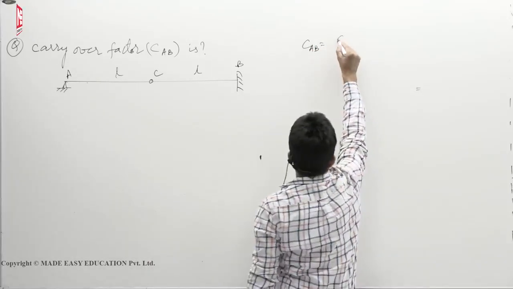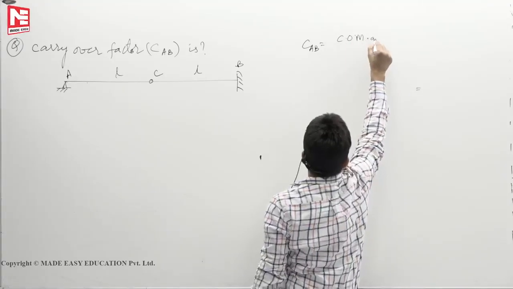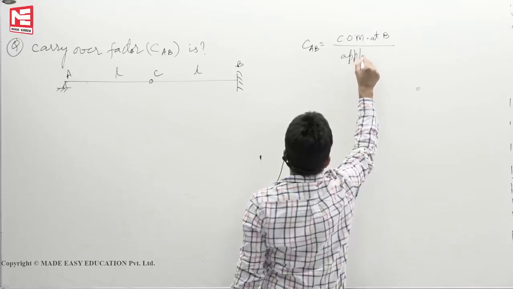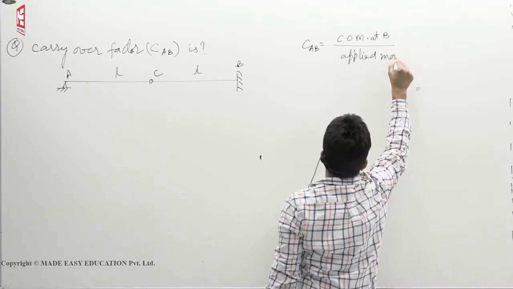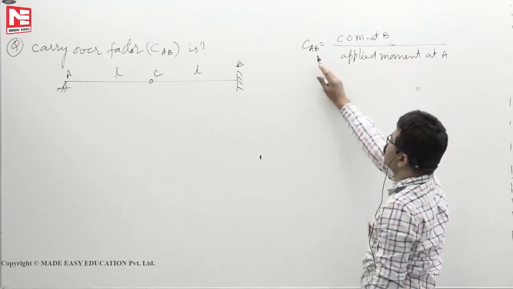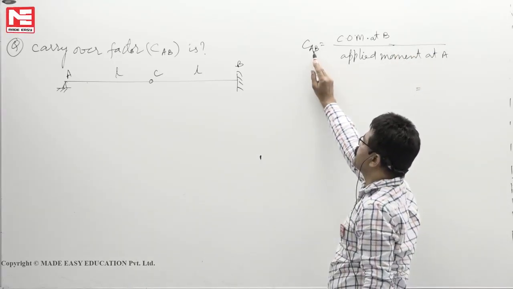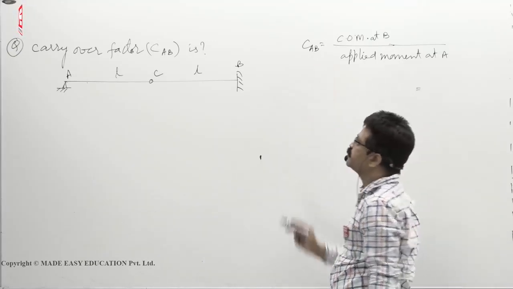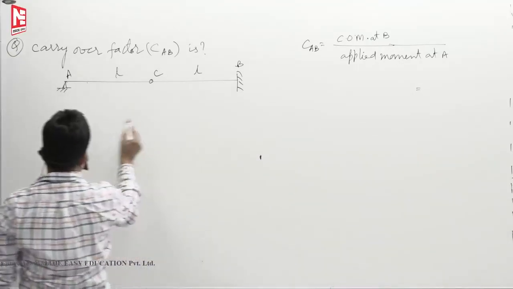Second letter is carryover moment. That means carryover moment at B by applied moment at A. This is the meaning of CAB. CAB means at A we are applying the moment, at B you are finding the carryover moment. Okay. Now how to manage?